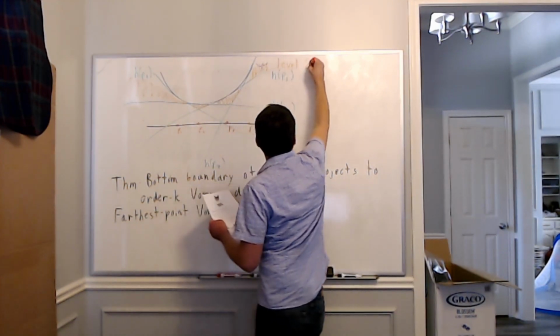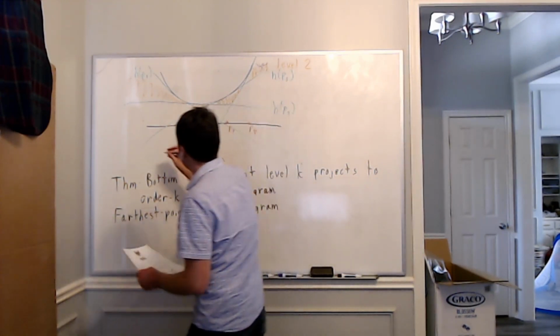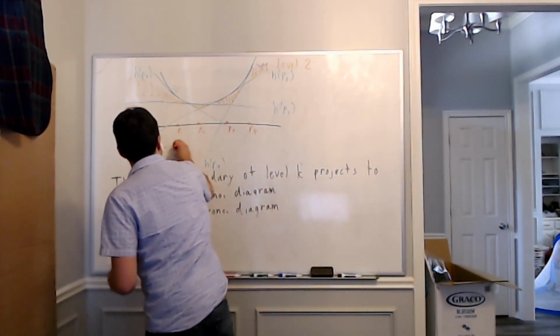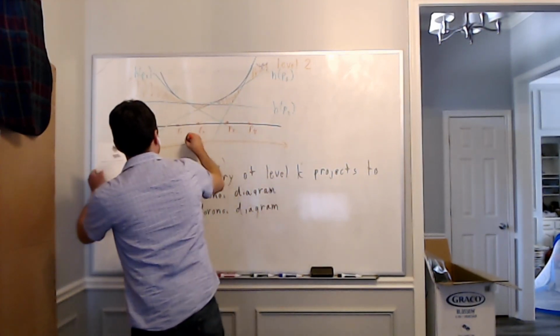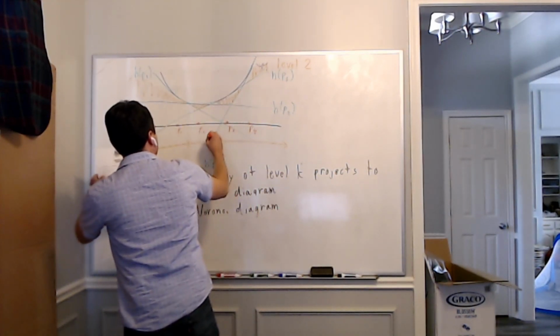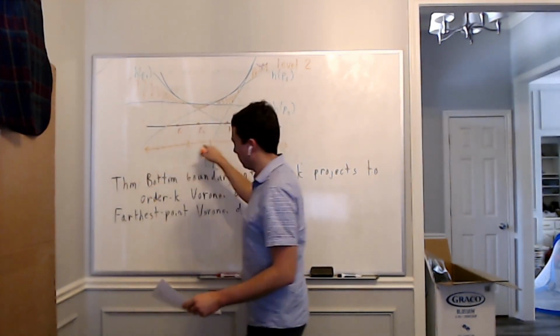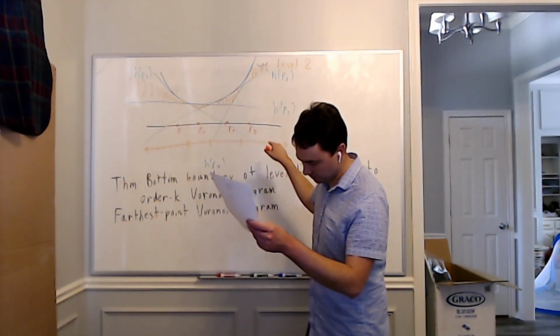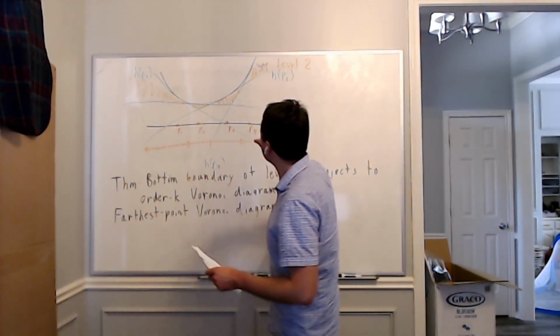So that's level 2, which implies if I want to know about the level 2 Voronoi diagram, so let me make sure I did this correctly.